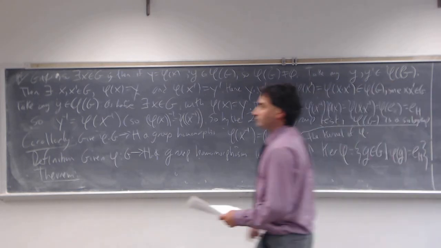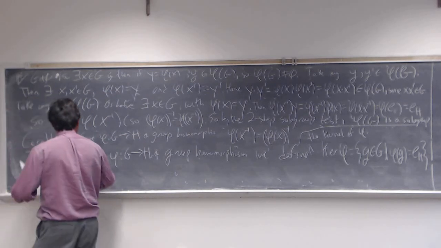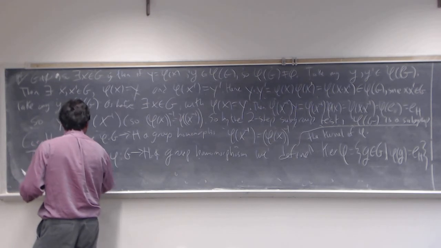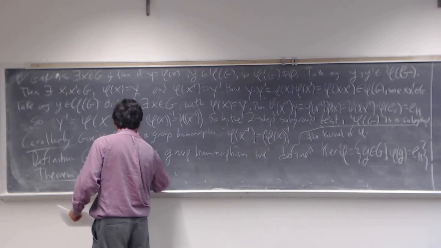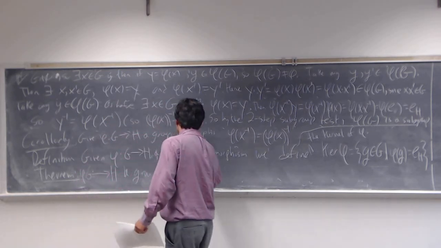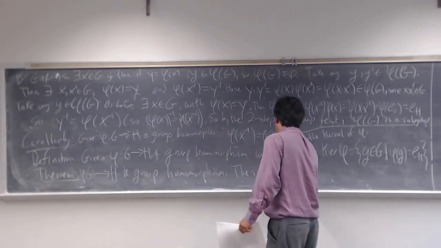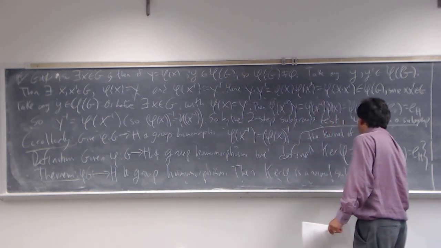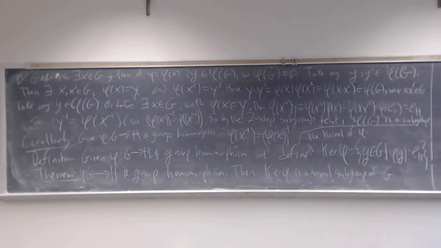So, theorem: if we have a group homomorphism, then the kernel is not just any subgroup, but a normal subgroup of G. We have to be careful where we live.